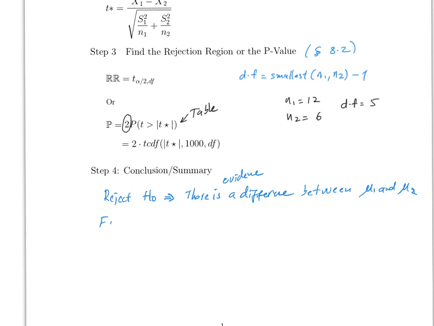And if you fail to reject H0, that means that there is not enough evidence to reject the claim, but that doesn't necessarily make the claim true.